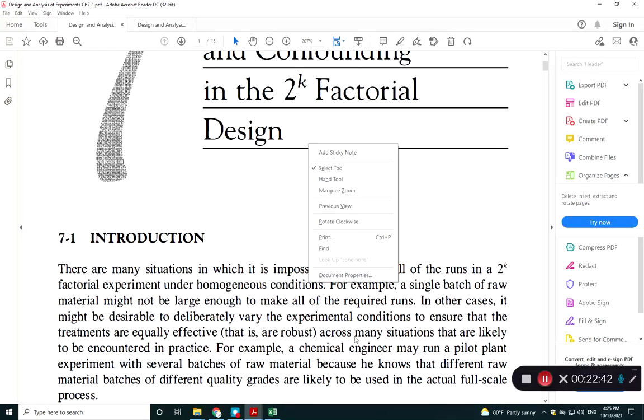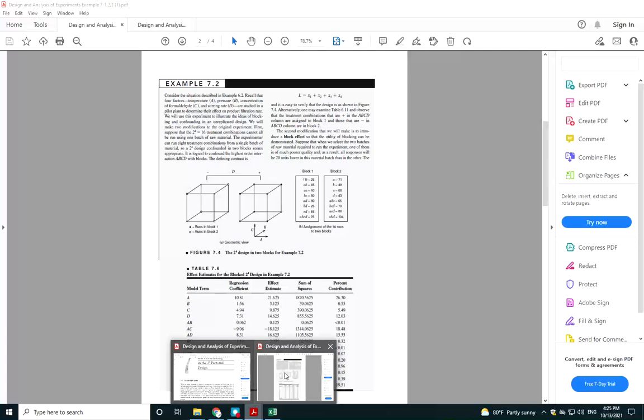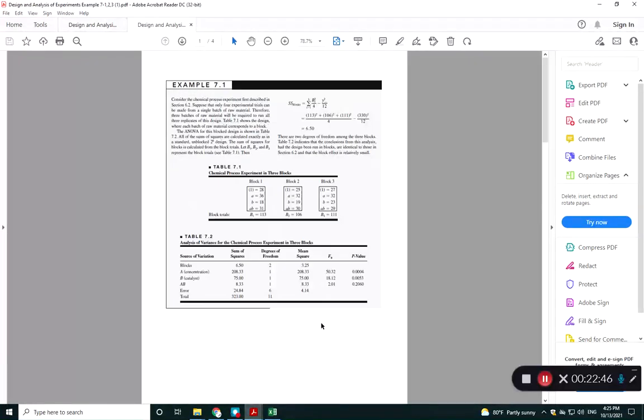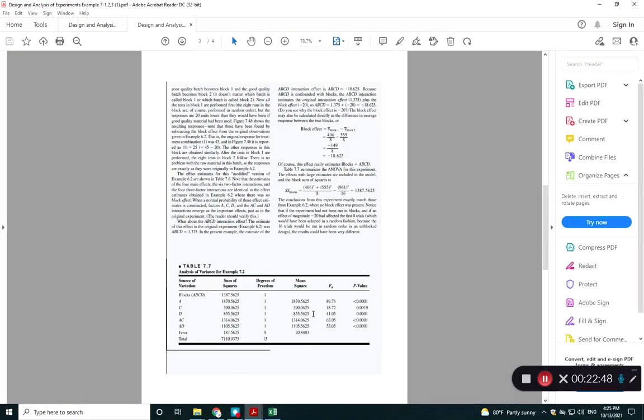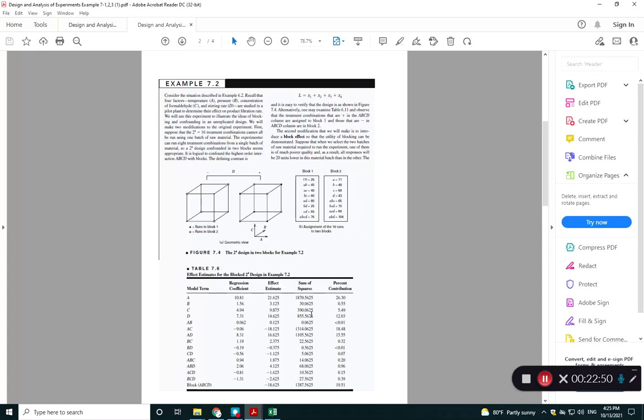I know I can do 3 blocks. I know that I can separate things into 2 blocks. But the reality is what? I know how to do this in order to do only half, only a fraction of it. That's why it's called fractional factorial design.